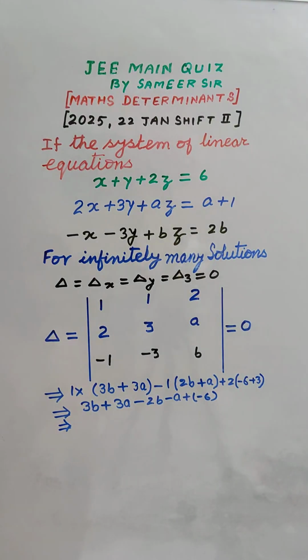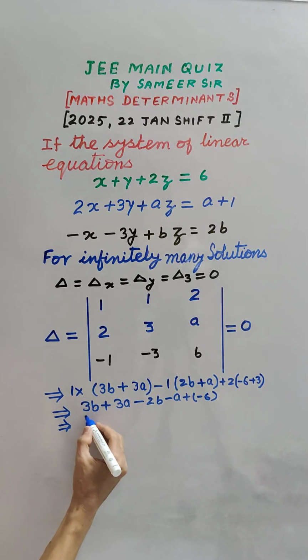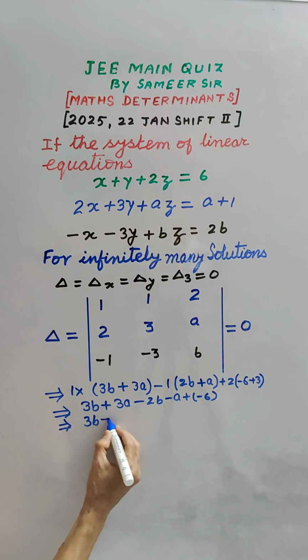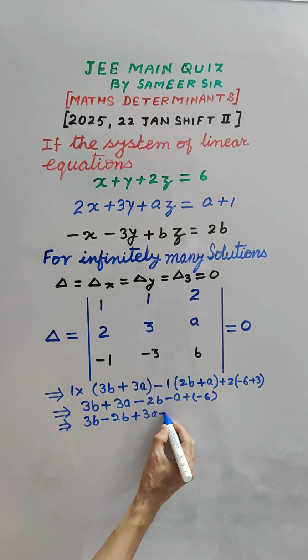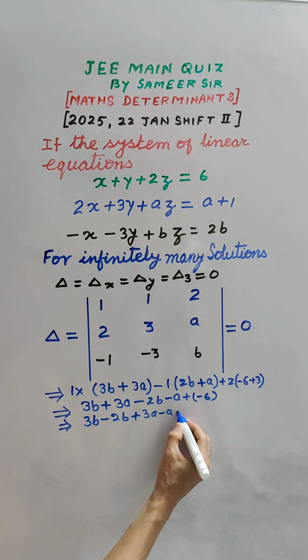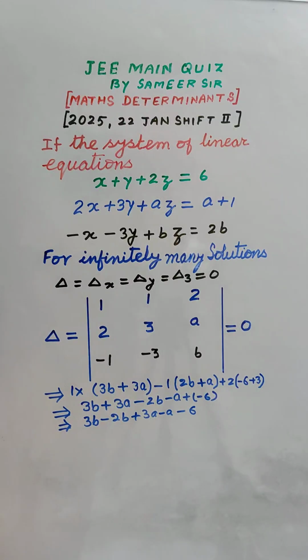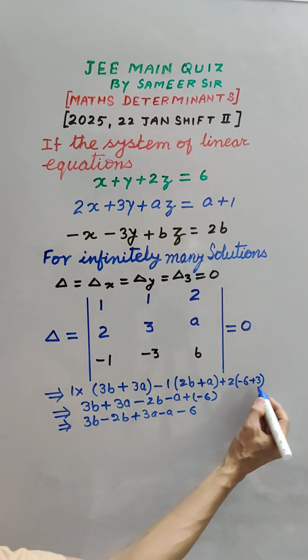Now it is equal to 3b minus 2b plus 3a minus a and minus 6 is equal to 0.